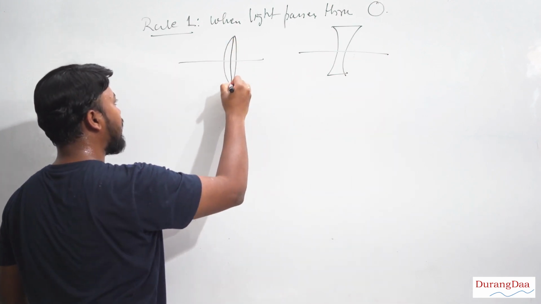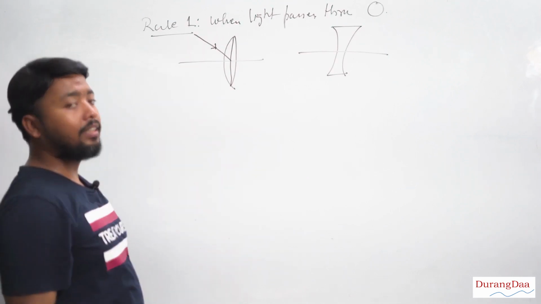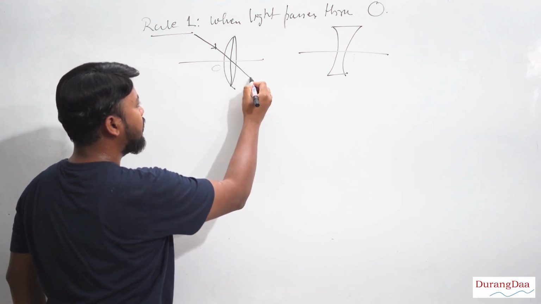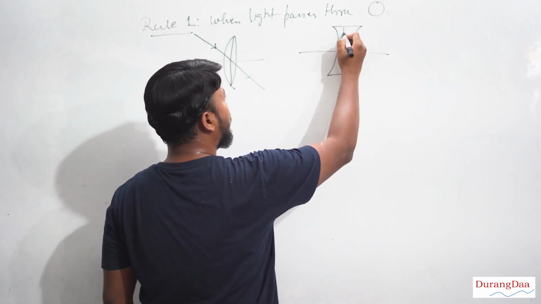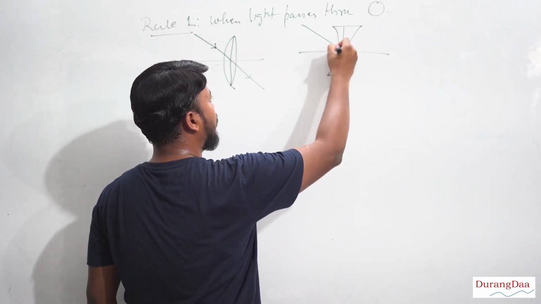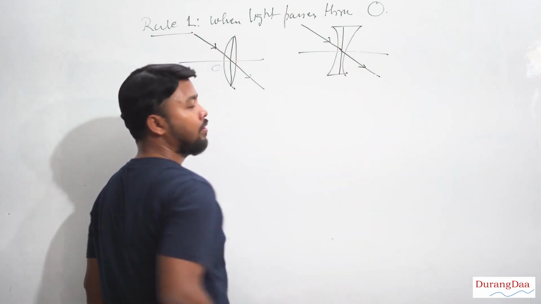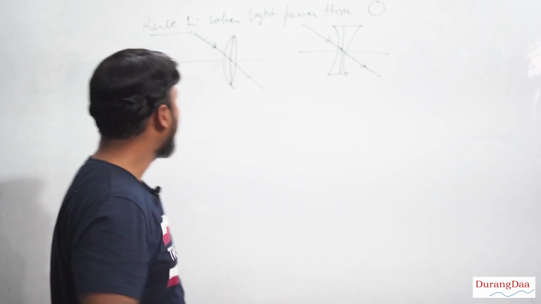If there is a light ray which is incident at the optical center, then after refraction it passes straight, undeviated. That is the first rule. So if I draw it for concave also, suppose a light ray is falling at the optical center, then it will pass undeviated. Without deviation, it will just pass through it. That is the first rule.